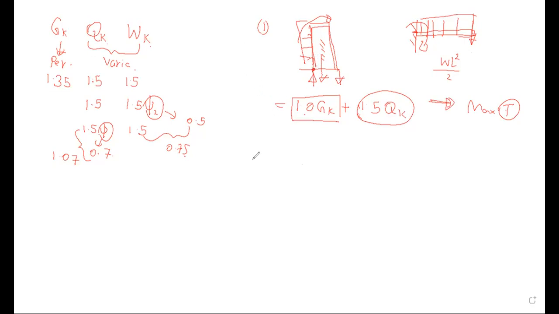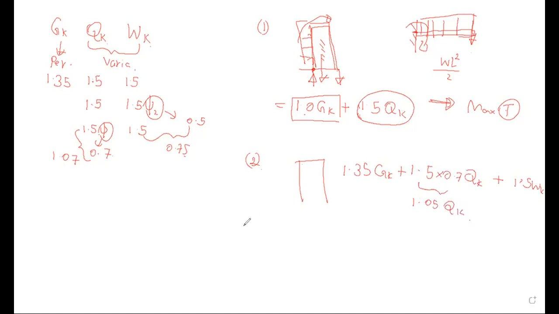For the second load case, I will use 1.35 GK plus 1.5 into QK, where the wind load is still leading WK. So this will give you 1.05 QK.